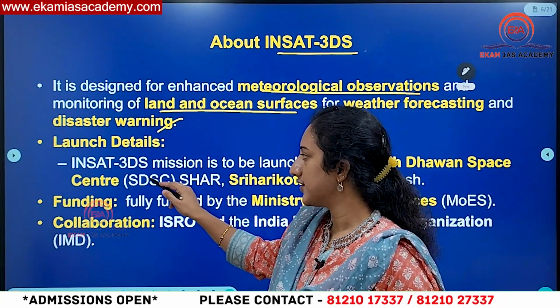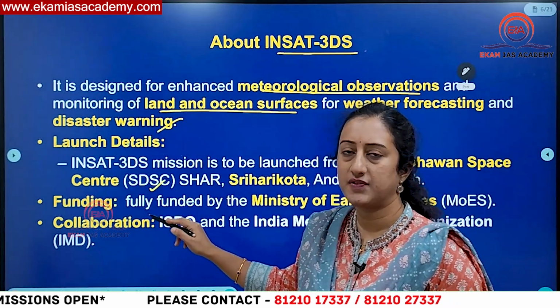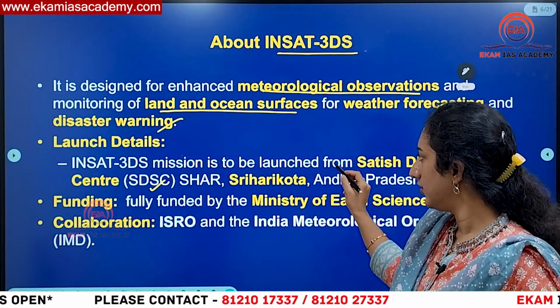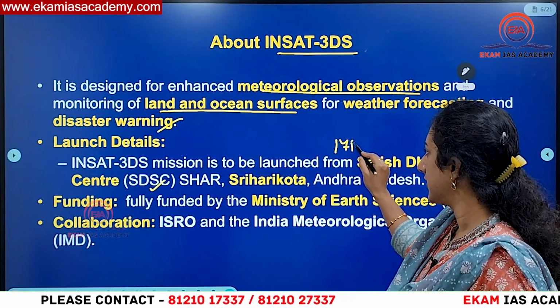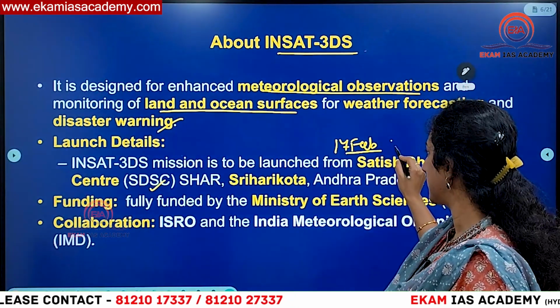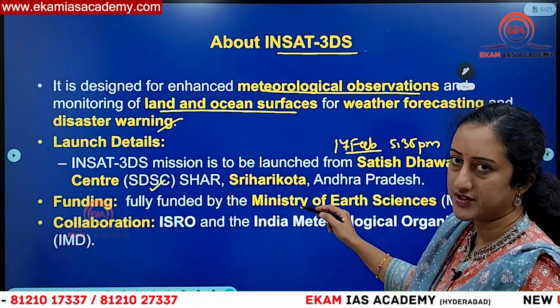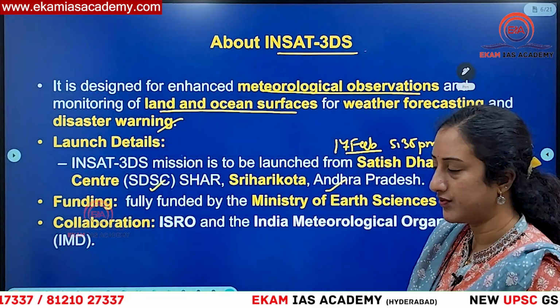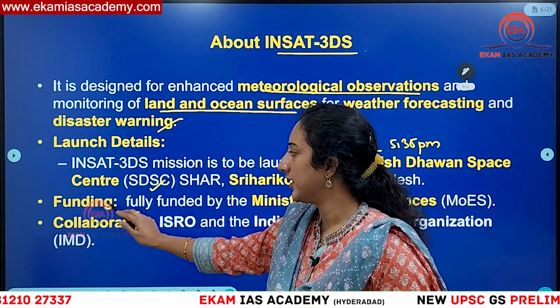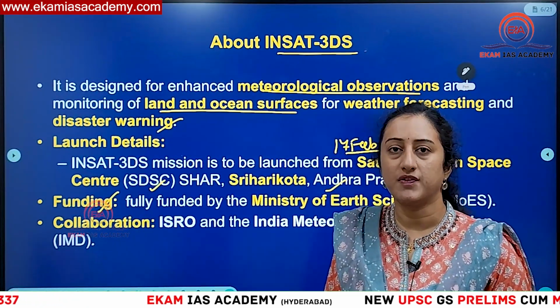So launch details. It is going to be launched from Satish Dhawan Space Center on 17th February, scheduled at 5:35 p.m., by ISRO. Satish Dhawan Space Center is in Sriharikota. We'll discuss this. And funding: it is totally funded by the Ministry of Earth Sciences.